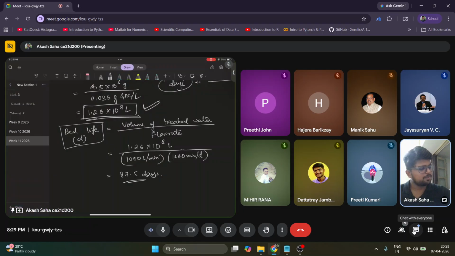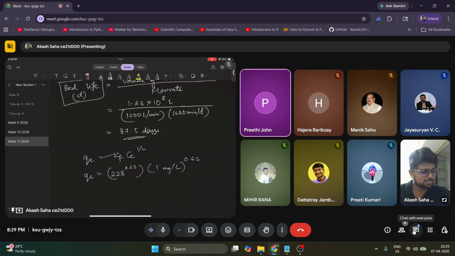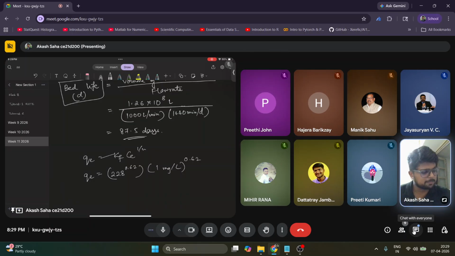So your QE value will be equal to KF times CE to the power 1 by n. Here KF itself is 228 to the power 0.62. Then you have to take 1 milligram per liter and take it to the power 0.62. This is how you have to find the QE. Did you solve it like this? No, sir. That is the mistake that we were making.